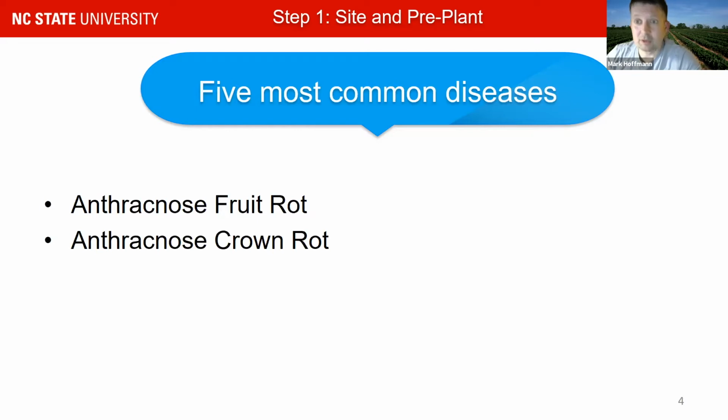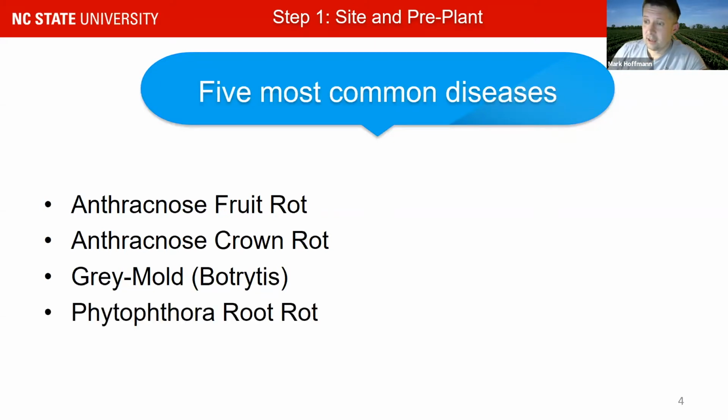We find both of them frequently in strawberries. Then gray mold, as was indicated, which is Botrytis cinerea, another pathogen. Another one which we find a lot here is Phytophthora root rot. That's a very common one and often can be confused with anthracnose, especially anthracnose crown rot in the field.